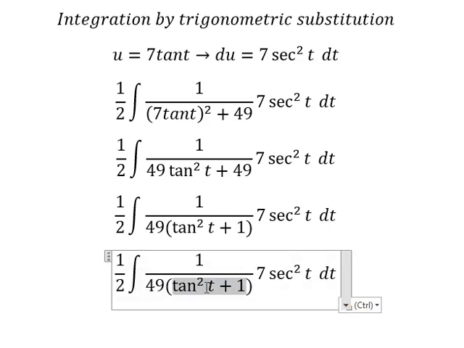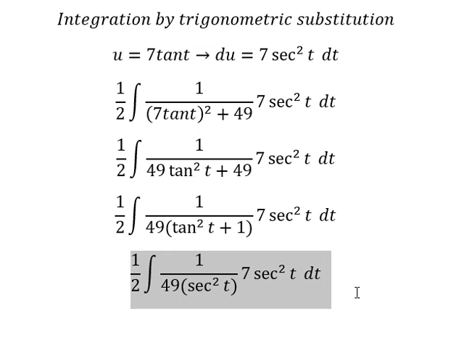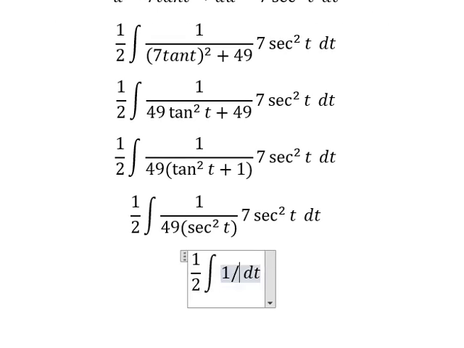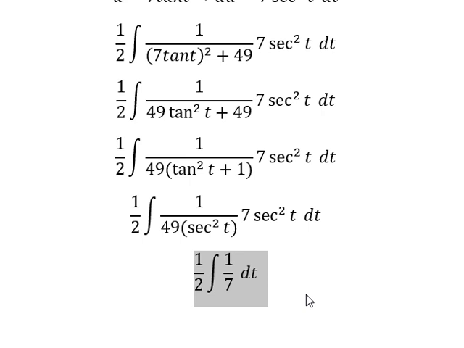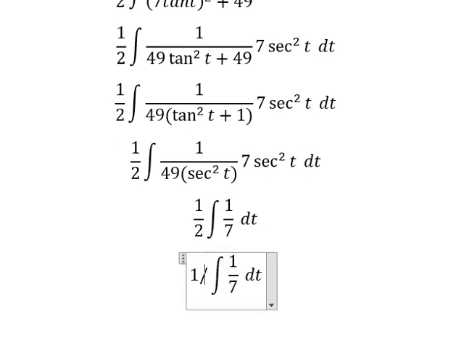And this one we change by secant of t squared. Later we simplify and we have 1/7. Number 7 and number 2 we have 1/14.